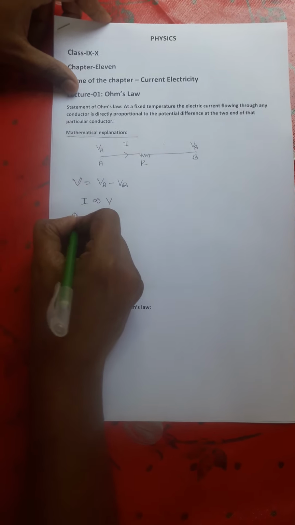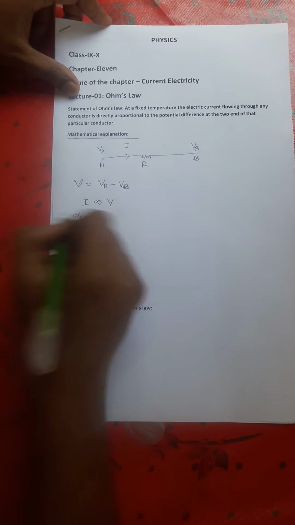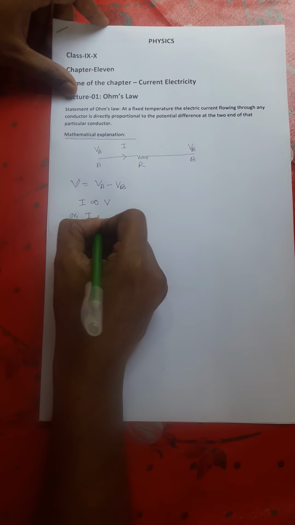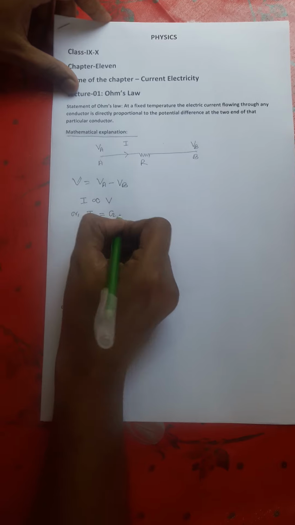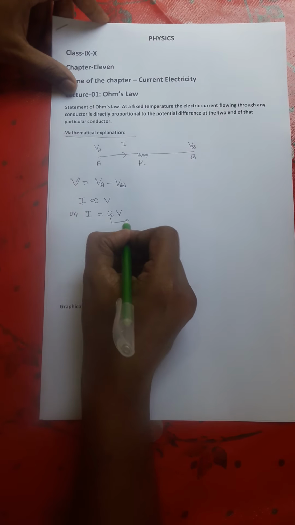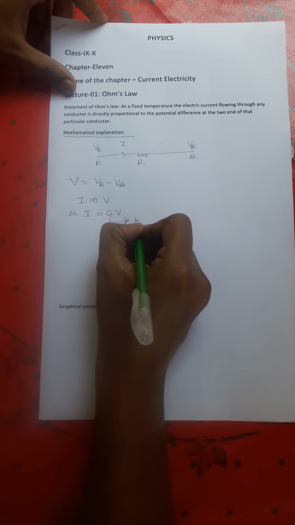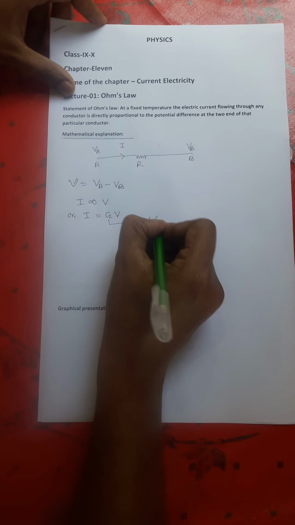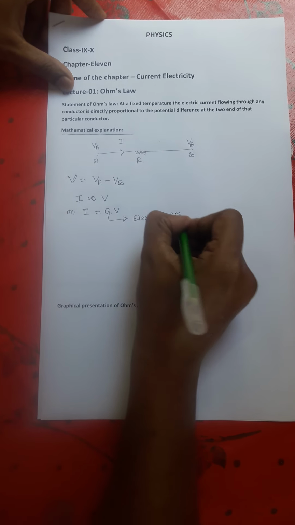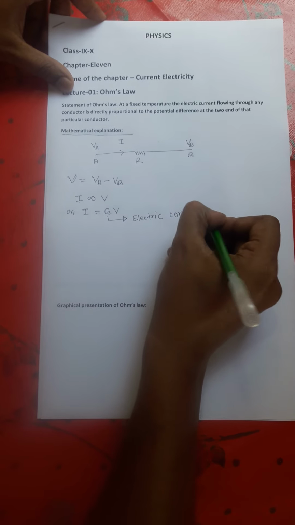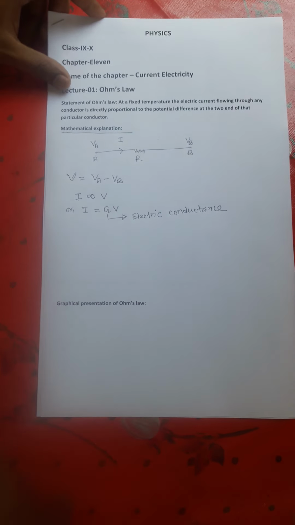Now I'm going to apply a proportional constant G, so I equals G into V. Here G is called electric conductance. Conductance means the electric property which helps electricity pass through any device.